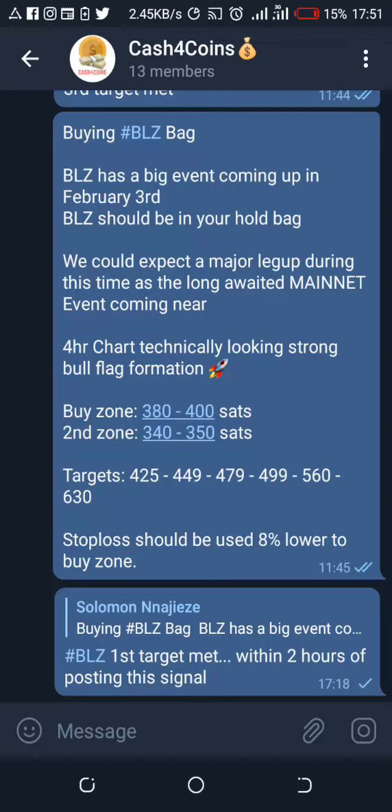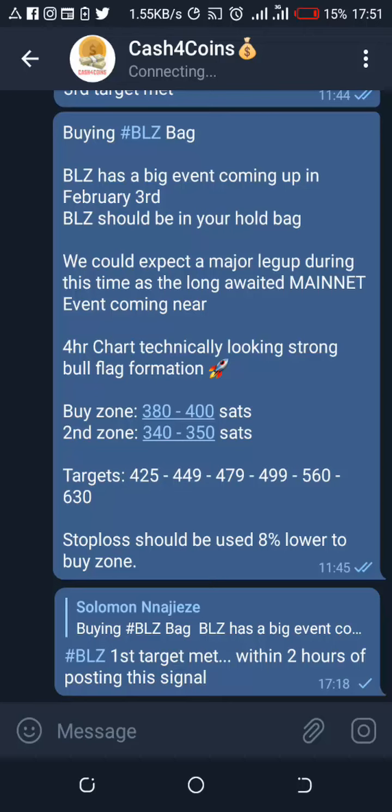And fortunately for us, the price did not go down, right? The price went up past the first target and was about to pass the second target, which it reached at 445, remaining just 4 Satoshi for our other trade to get executed.